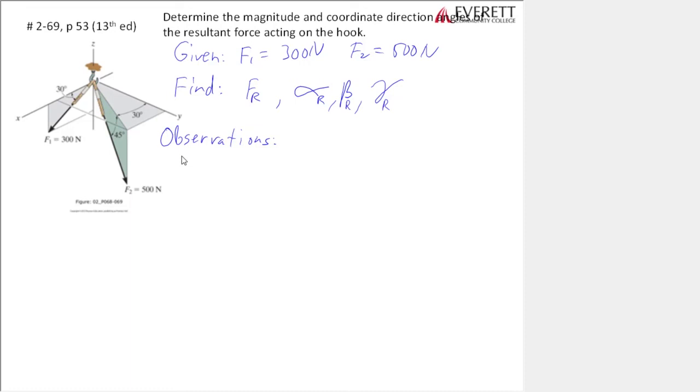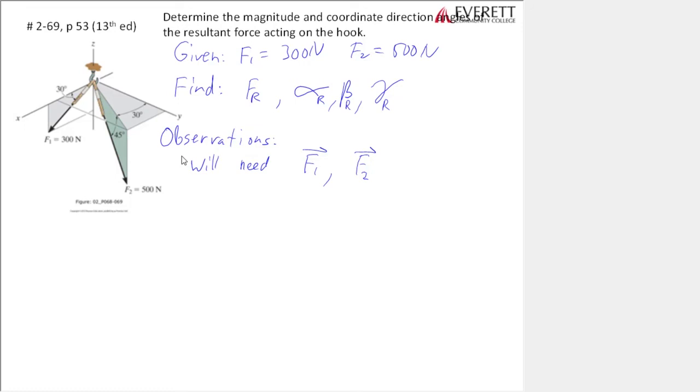Components of what? For what vector? F1, okay. So we'll need F1 as a Cartesian vector, right? That means x, y, z components of F1. We will also need F2 as a Cartesian vector, right?